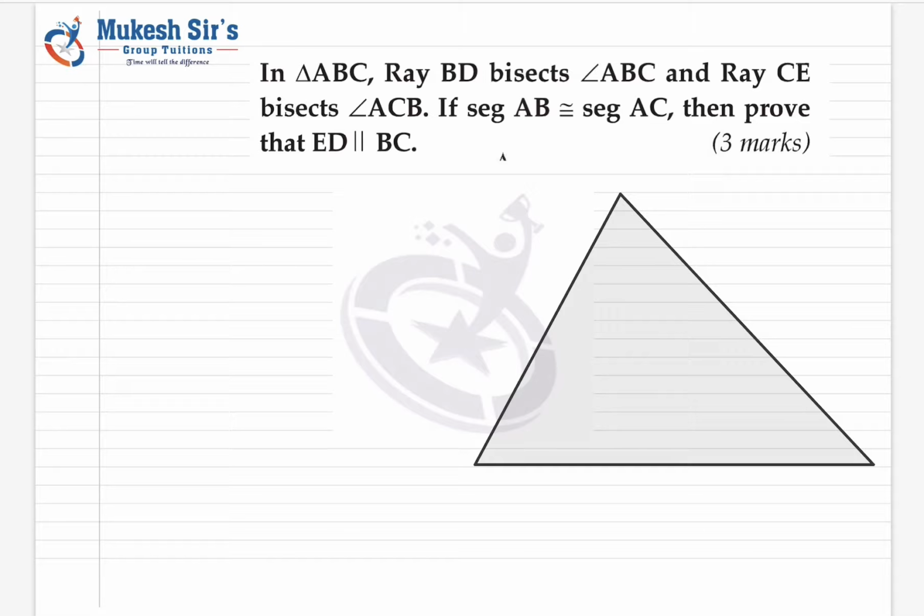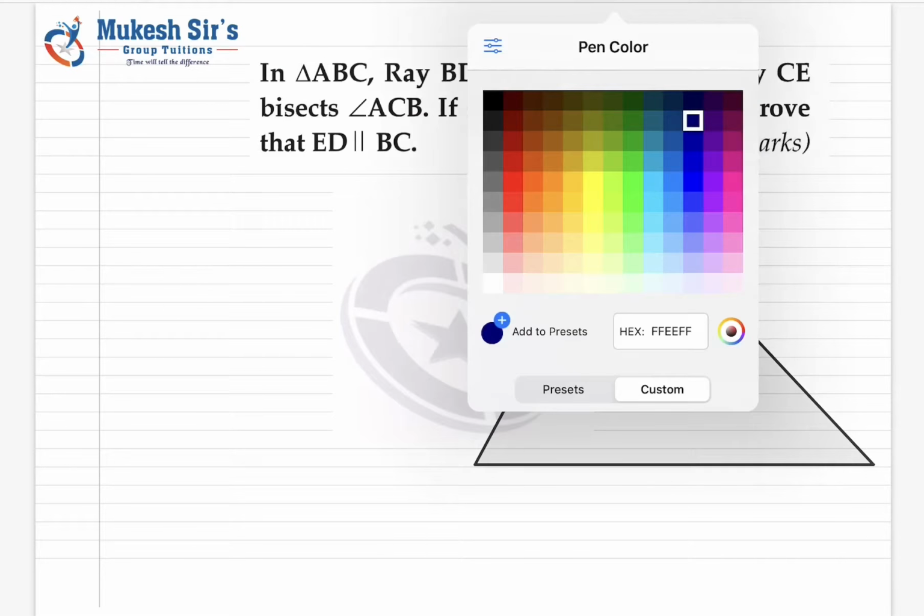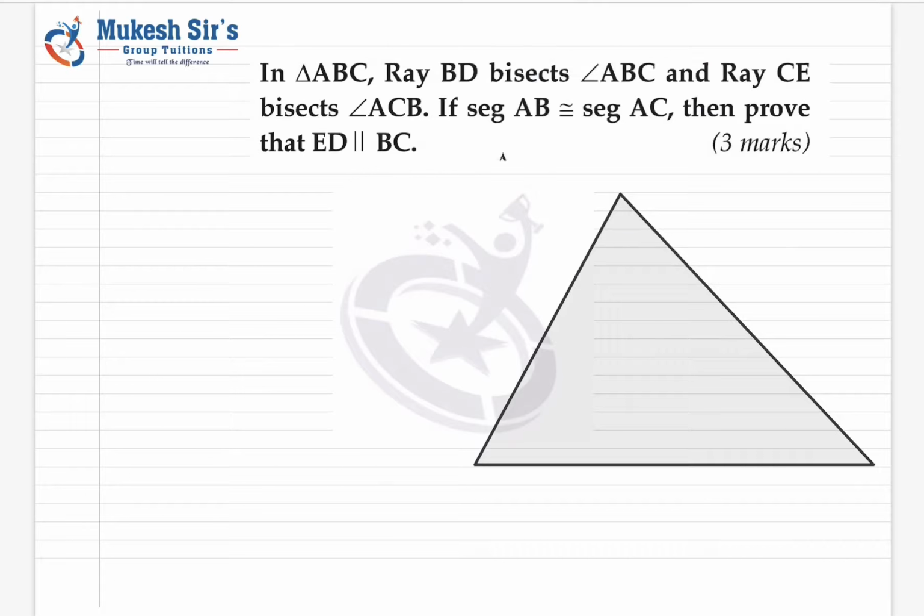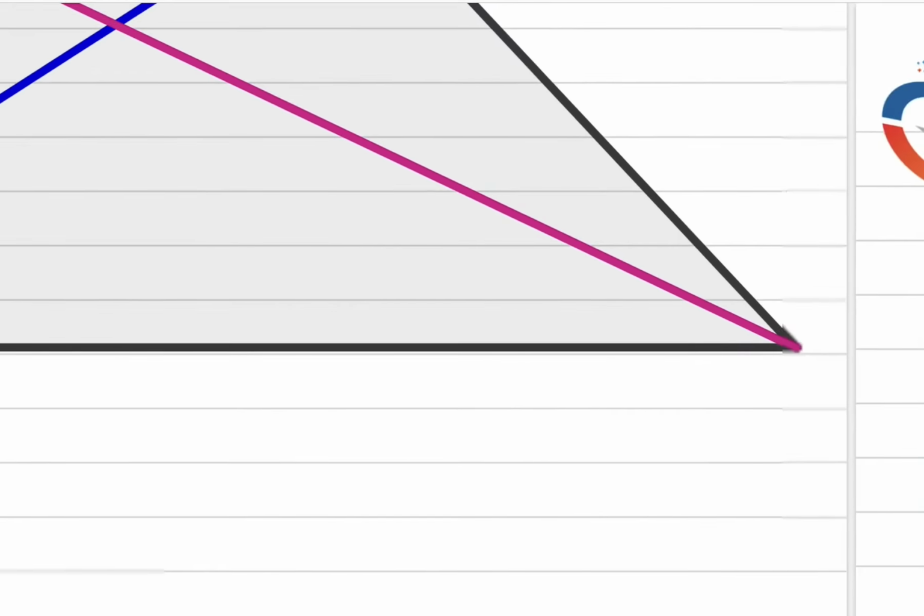In this triangle ABC, BD bisects angle ABC, so BD is the bisector of angle ABC. Let's draw BD as the bisector. And CE is the bisector of angle ACB, the other bisector. So these are the two bisectors. Clear?